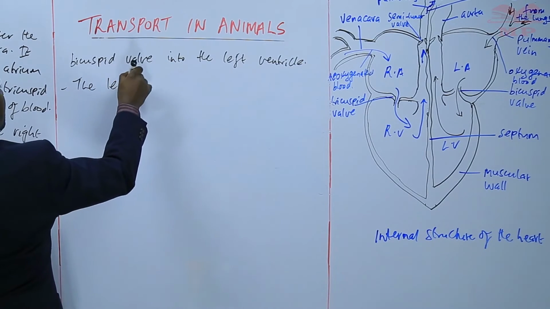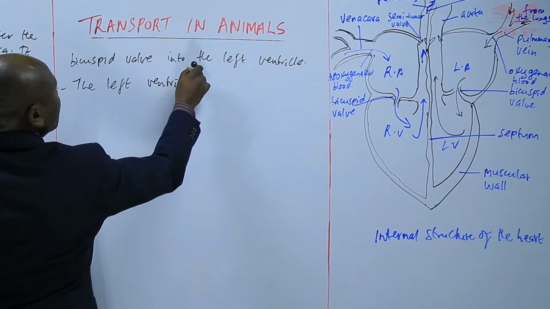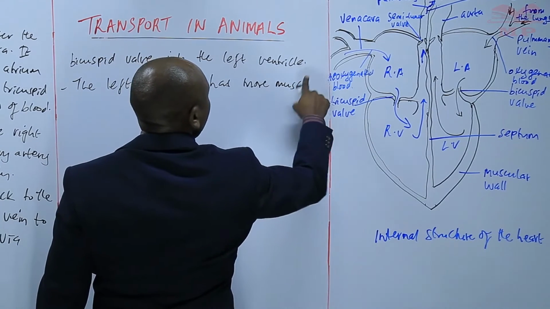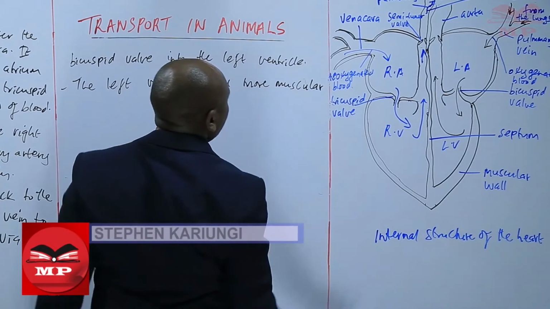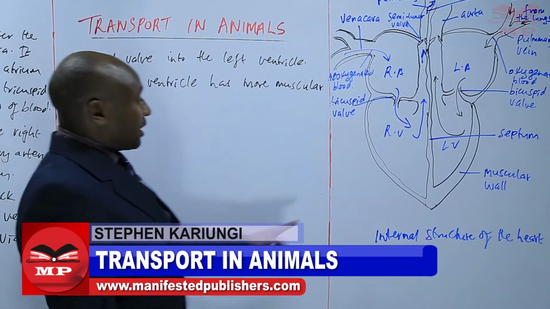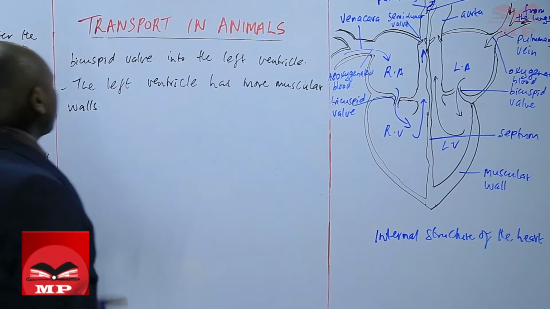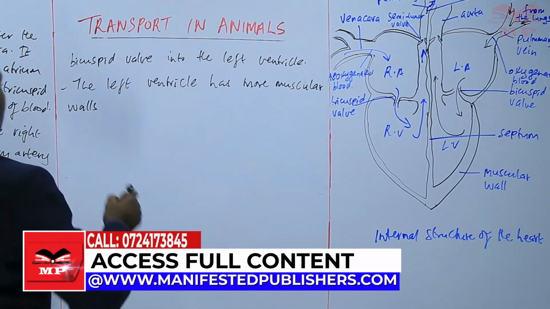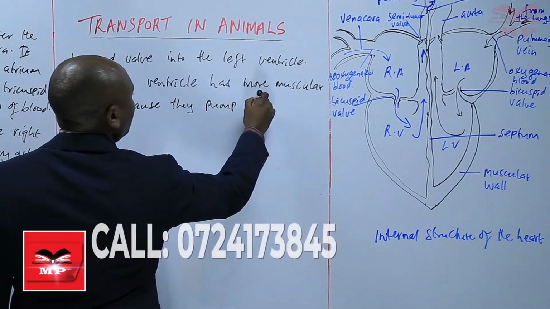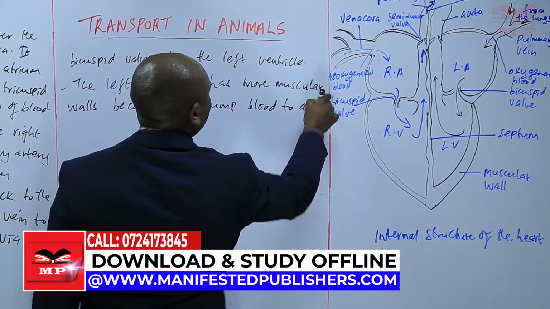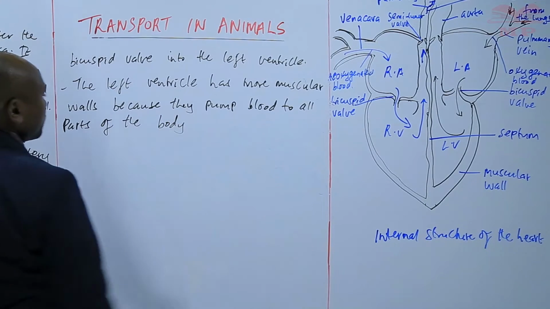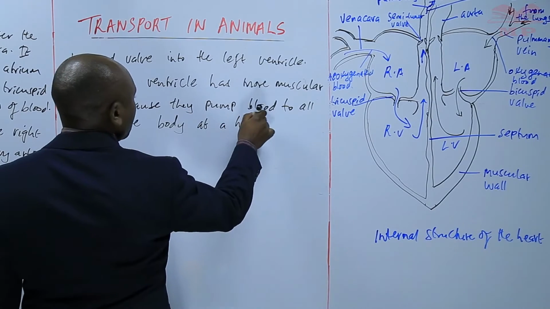The left ventricle, as can be seen from the diagram, has more muscular walls compared to the right ventricle because it pumps blood to all parts of the body at a higher pressure.